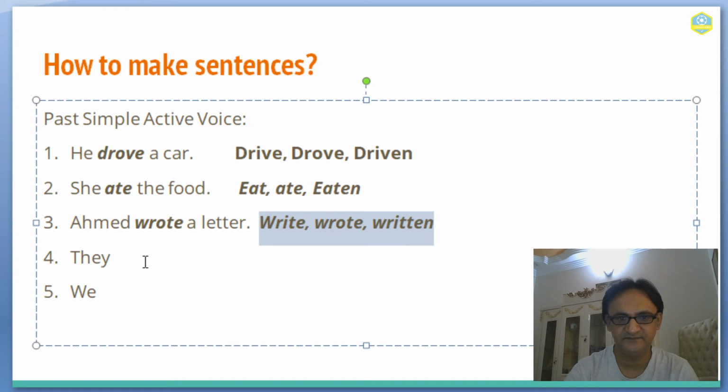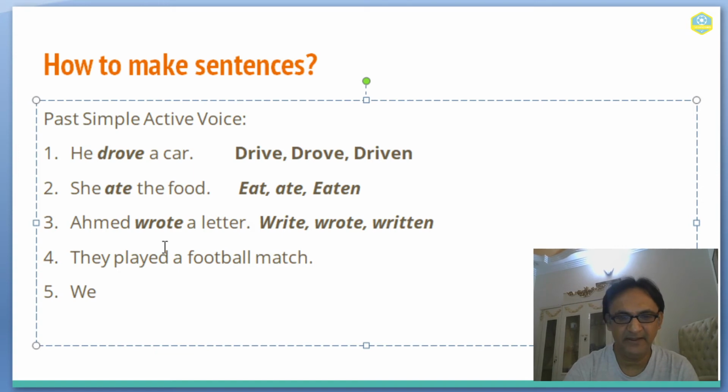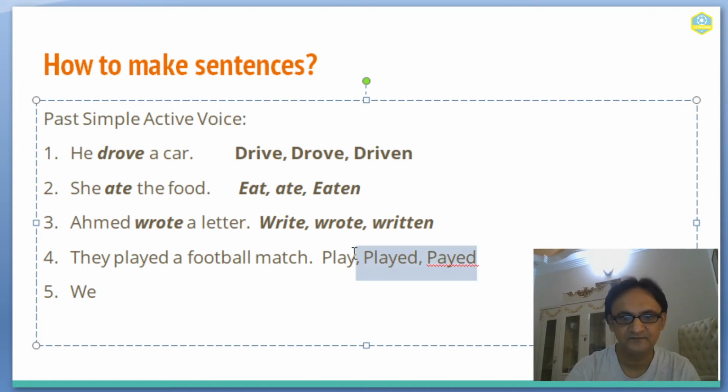See here, they played will remain played. Okay, they played a football match. So here, play, played, played: played is the second and third form of play.